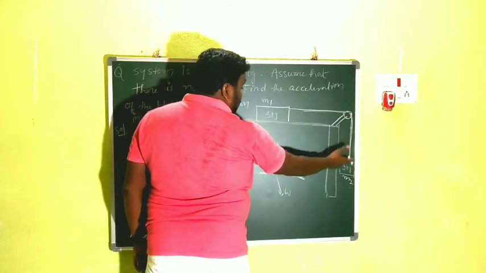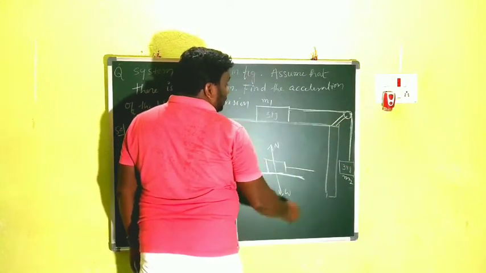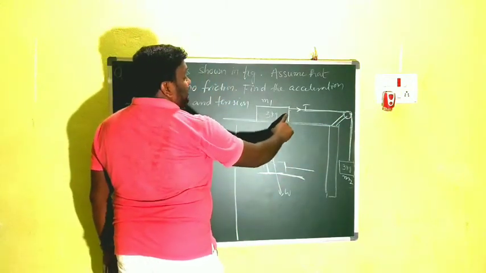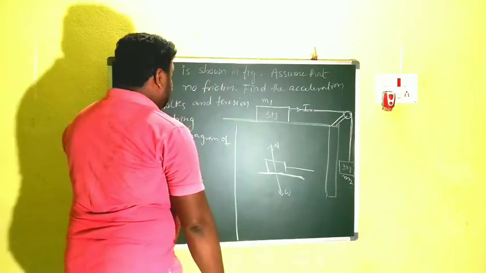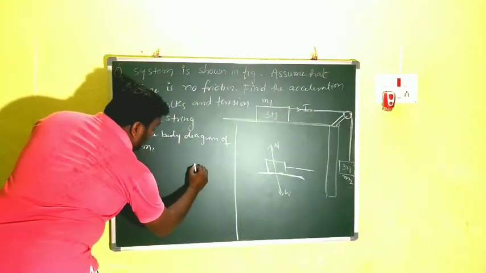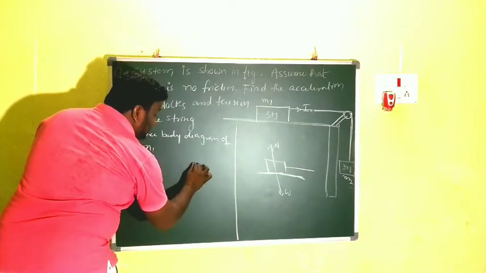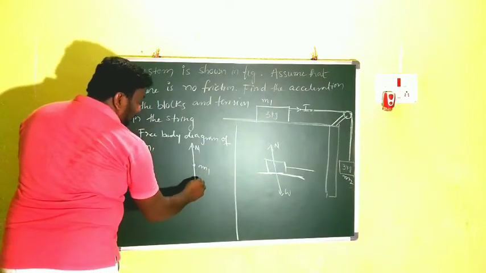Here when the other object goes down, obviously the first one moves in this direction. That means some tension is created. The object is connected with the help of a rope or string, that's why it has some tension. So for the first body we can write, this is the mass m1, the upward force is the normal force, and downward is the weight.